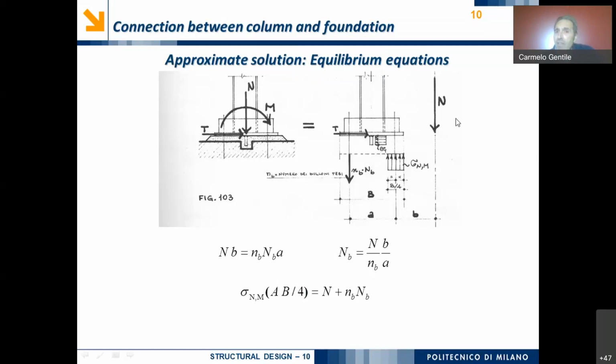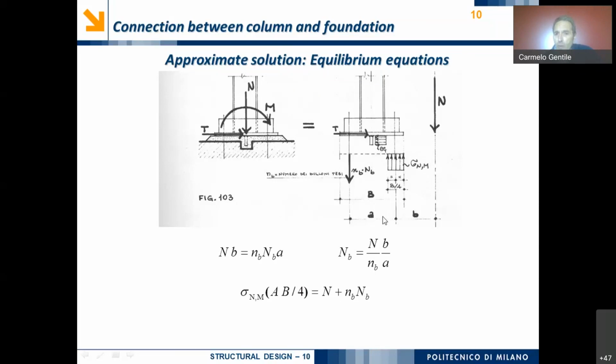Afterwards, since now I know N, I know also the value of N in the bolts. The only thing that is still unknown is this value of the contact pressure.